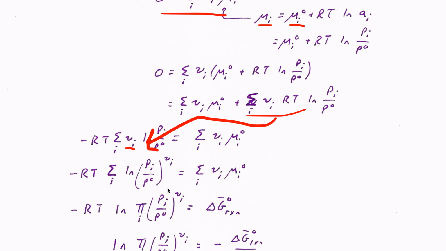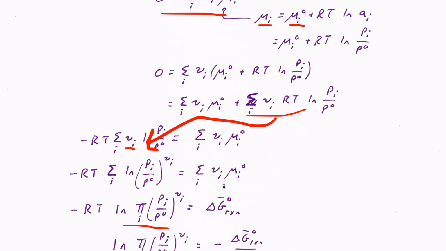So if I use the log rules one more time, the sum of all these logs is the log of the product. What I've got in this step is minus RT times the log of the pressure of products over P naught raised to their stoichiometric coefficients, times the pressure of reactants over P naught raised to their stoichiometric coefficients, remembering those are going to be negative for reactants.